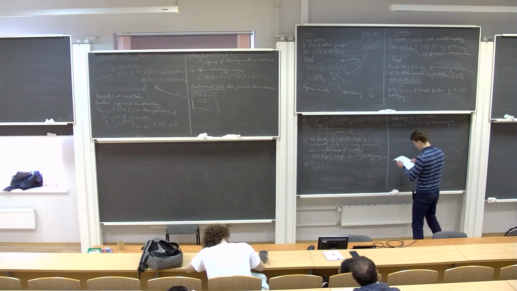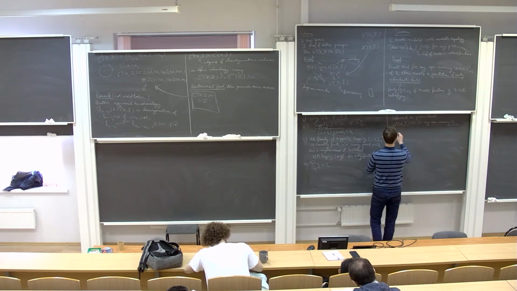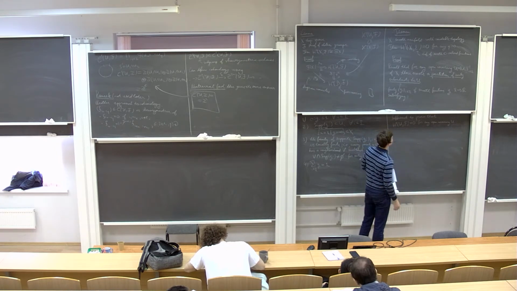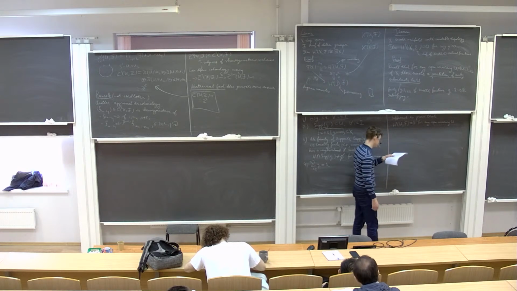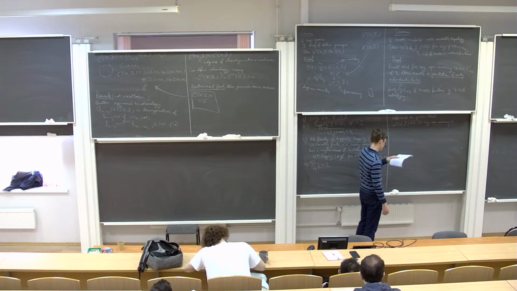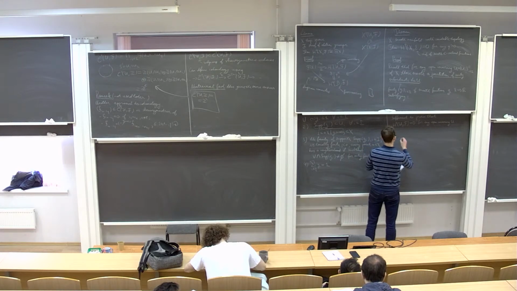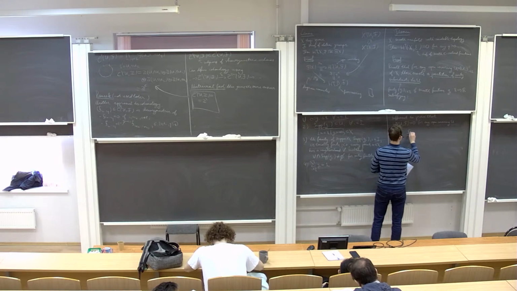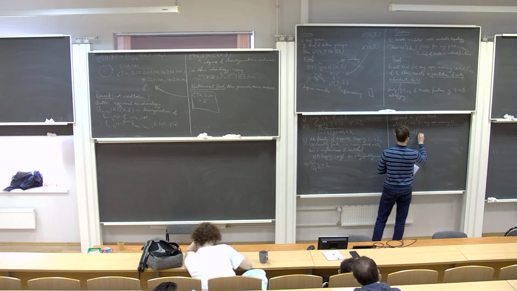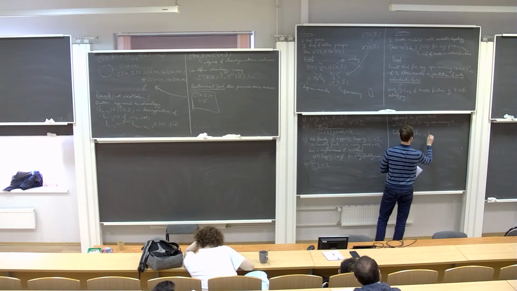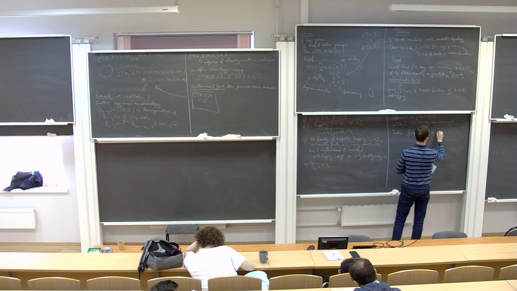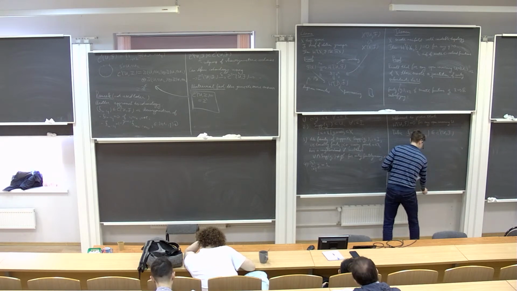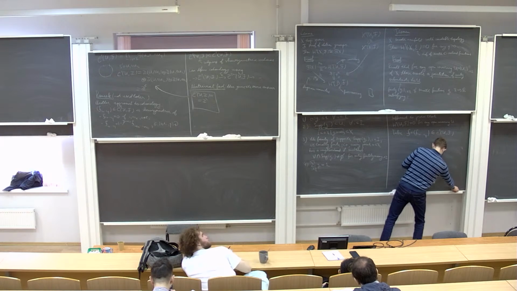So for any cocycle, we explicitly prove that it's a coboundary. We take f a cocycle.